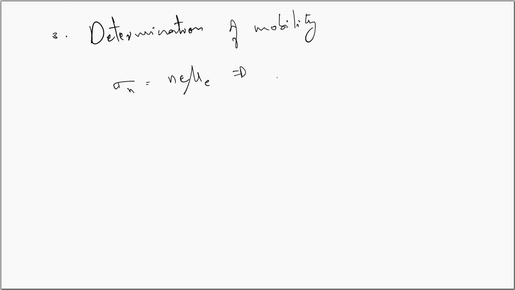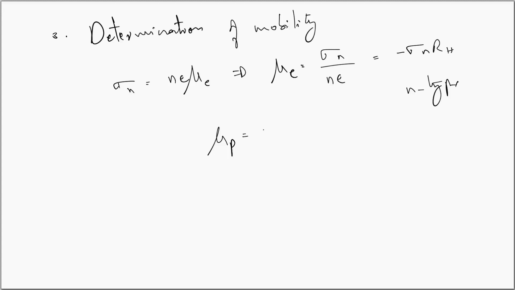This implies mu E is equal to sigma n upon Ne, or that will be minus sigma n RH in the case of N-type semiconductor, and mu P, that is the mobility of the holes, which is sigma P RH. This is applicable in the case of p-type semiconductors.